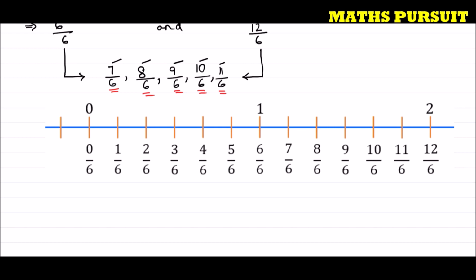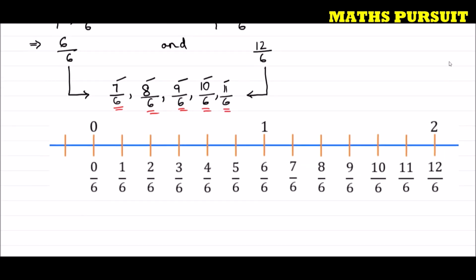And the question gave us 6 upon 6 and 12 upon 6. 6 upon 6 is nothing but 1 and 12 upon 6 is nothing but 2.